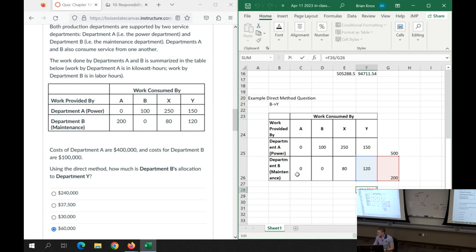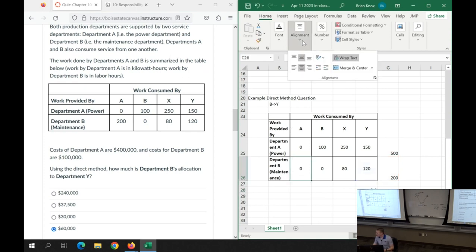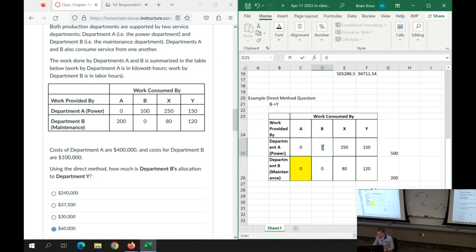Good. I'm going to highlight here in case you look at this spreadsheet in Canvas. I changed that. I zeroed out the interdependency, so that these denominators still work, or they are only the countable work done, the work that was done for production departments.